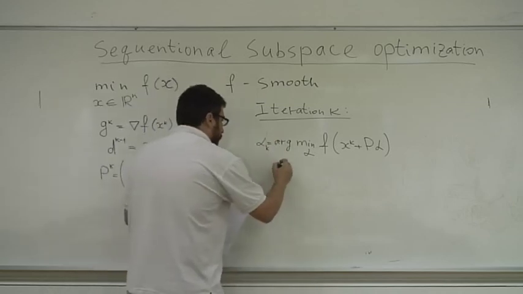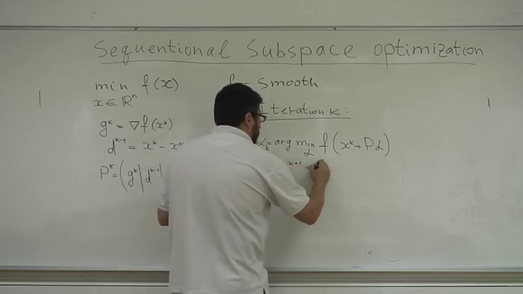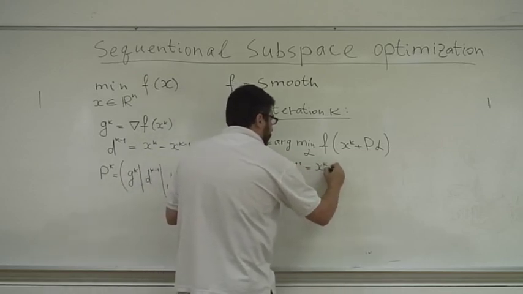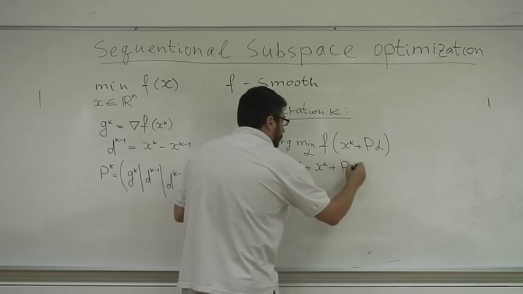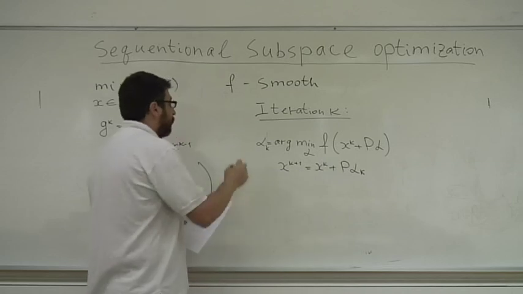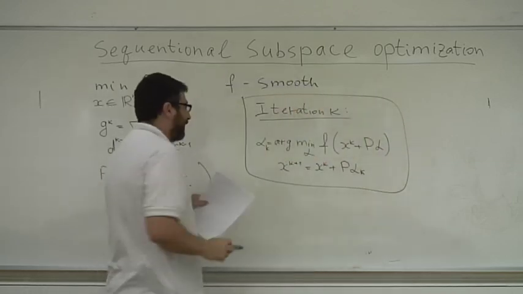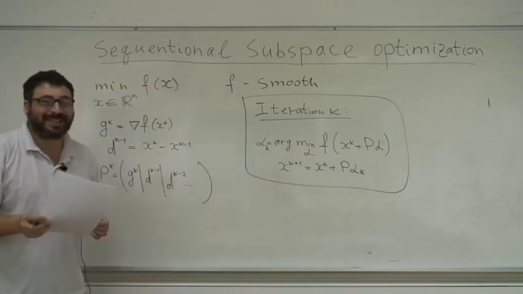And of course, xk plus 1 is xk plus P alpha k. So the concept of the algorithm is extremely simple.